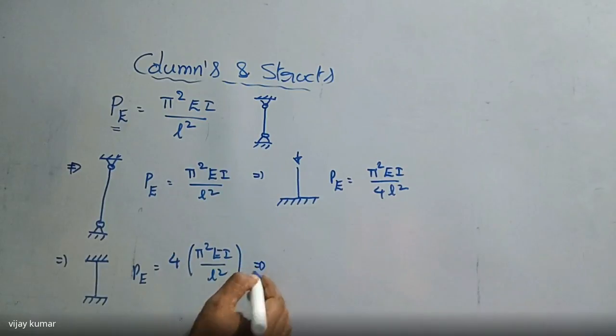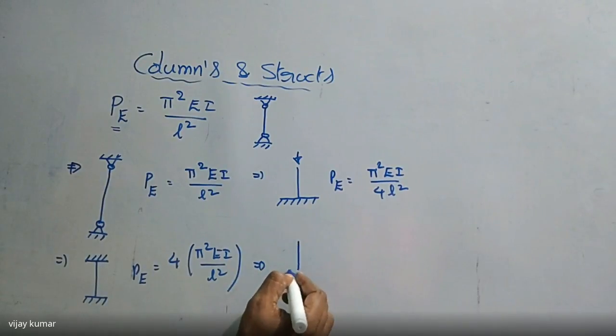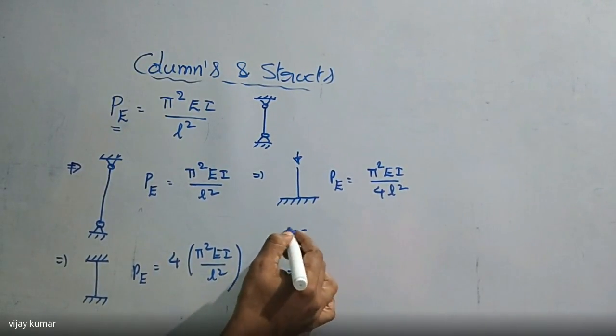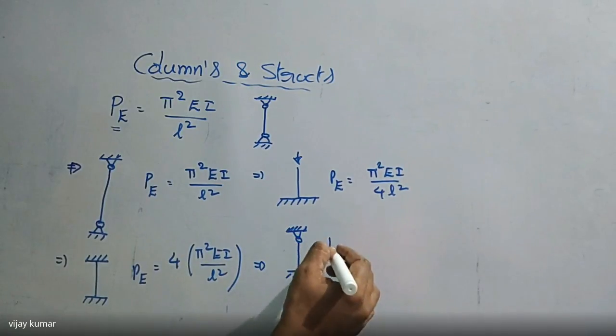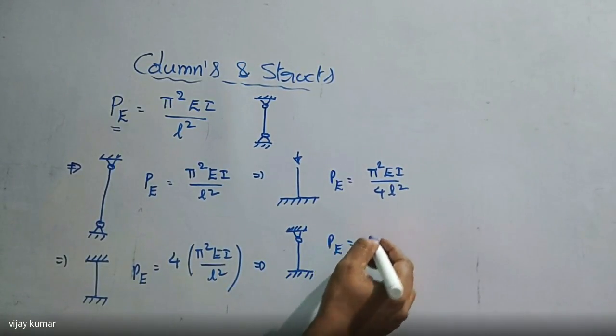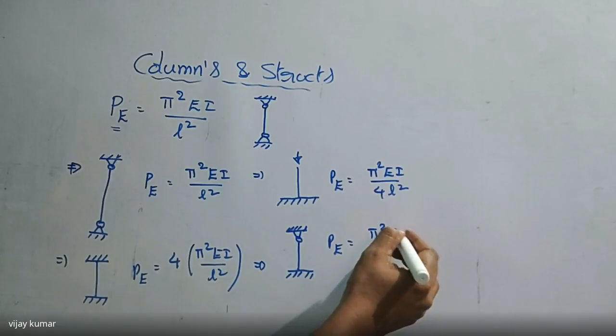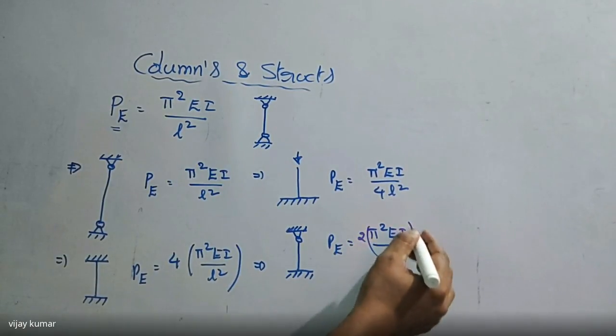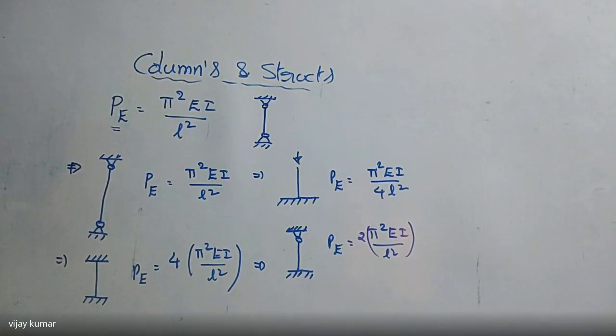And the last condition we know very well: one end is fixed, the other end is hinged. This is the fixed end and this one is the hinged end. What is the critical load according to Euler's formula? That is pi square into E into I divided by 2 times L square.